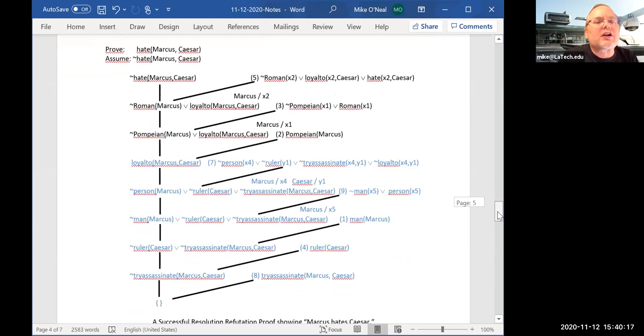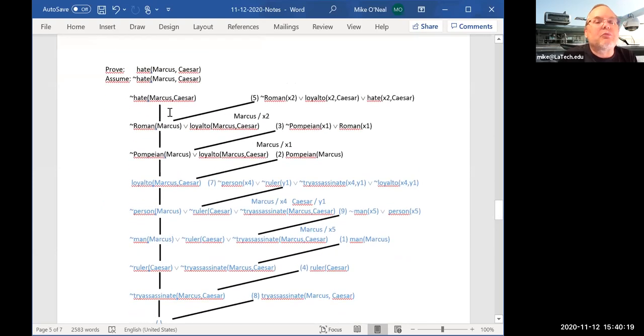So if I want to prove that Marcus hates Caesar, I assume that Marcus does not hate Caesar, and I try to see if that causes a contradiction. And it does. Marcus does not hate Caesar. That goes with statement 5, where you have X2 hates Caesar, so Marcus is bound to X2.